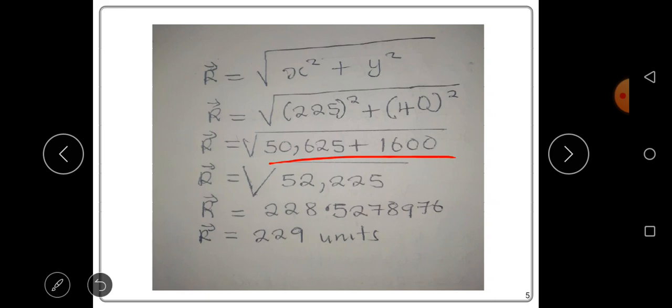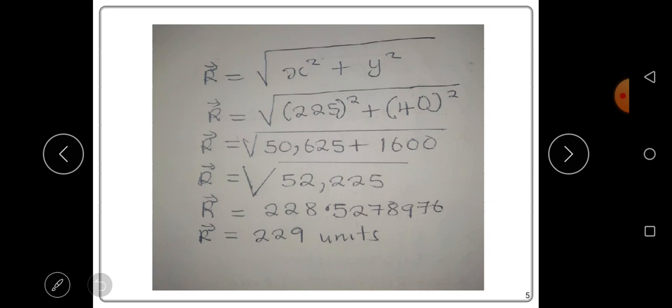When you add 50,625 plus 1,600, you get 52,225. The square root of 52,225 gives the magnitude to be 228.5278976.